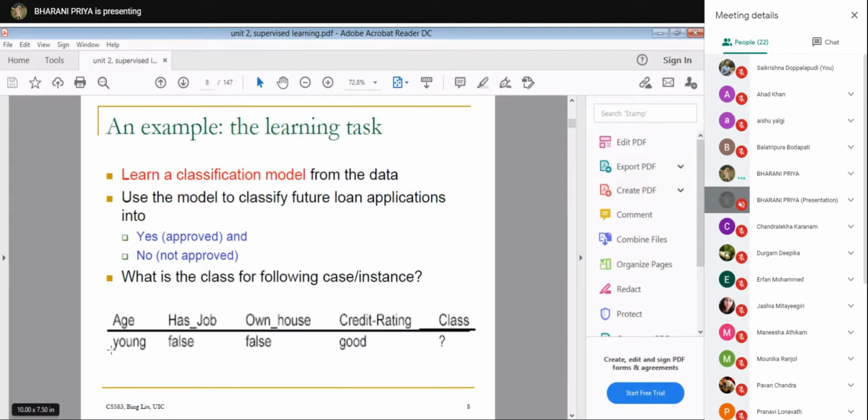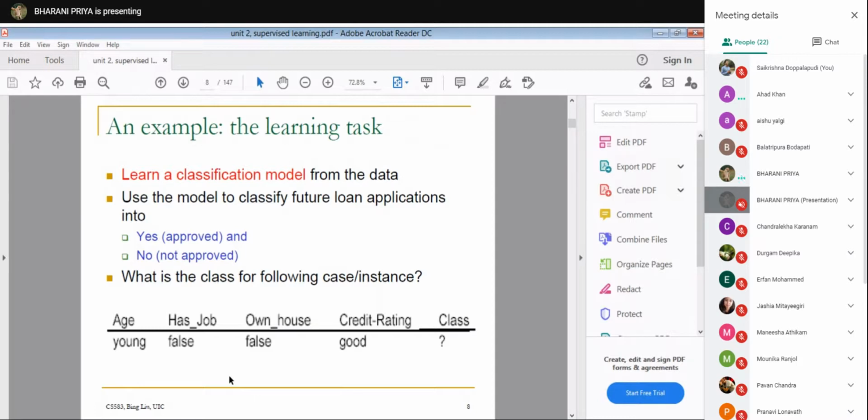Assume that these values are not there in the data set. Some value has been changed. In that case, what class value will you give? Have you understood my question? Yes, ma'am, understood. But I don't know, ma'am, what value to give.